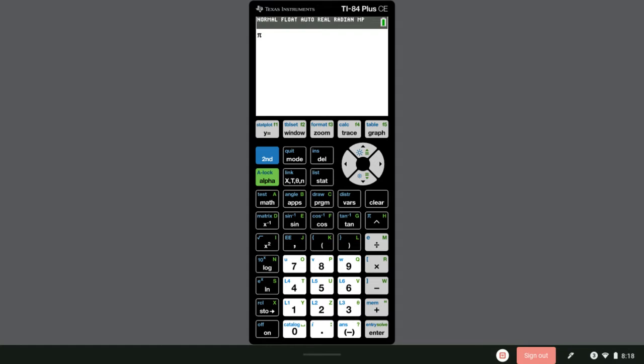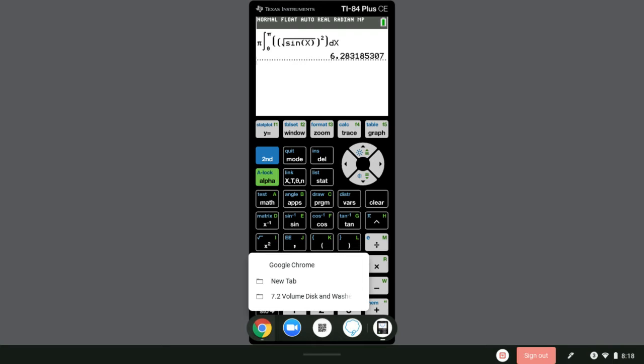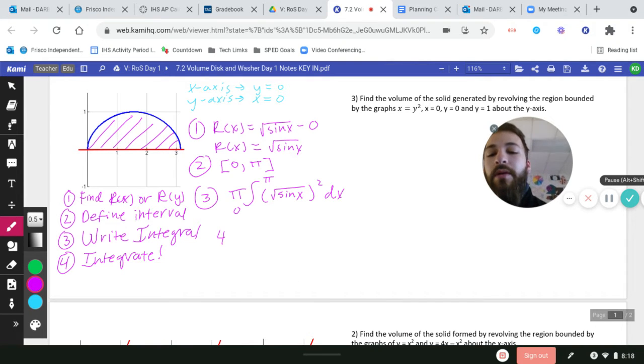So second pi, math 9, integral from 0 to second pi, parentheses, square root, sine of x, close parentheses, squared, and dx equals 6.2831, which coincidentally is about 2 pi. And that's our answer.